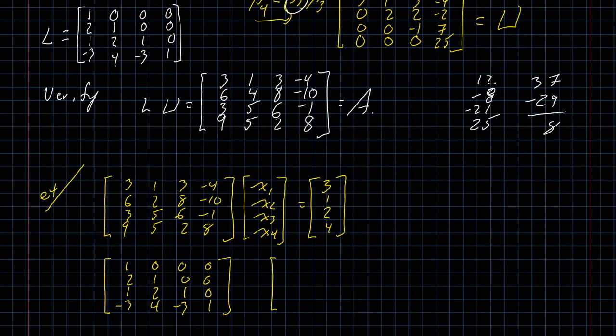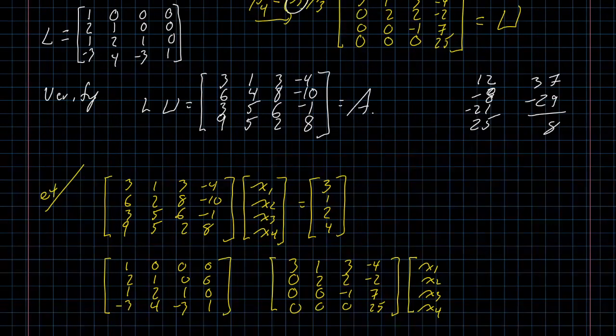Matrix U, which is almost off the page, but we can still read that. 3, 1, 3, -4. 0, 2, 2, -2. 0, 0, -1, 7, and 0, 0, 0, 25. That's being multiplied by my unknowns matrix, x1, x2, x3, x4. And the result I get is the matrix 3, 1, 2, 4.